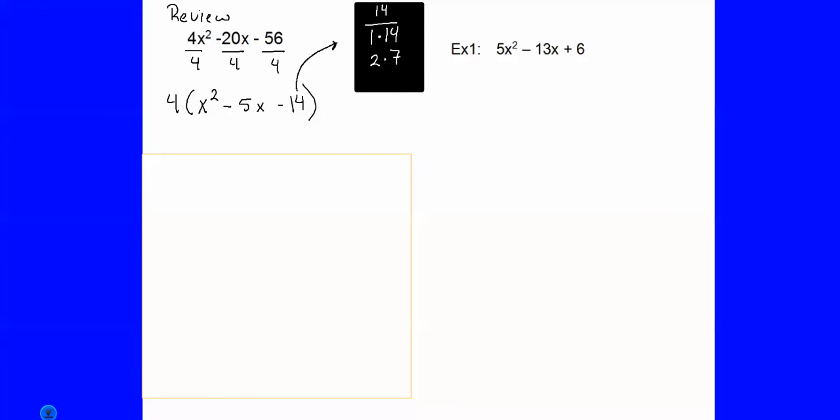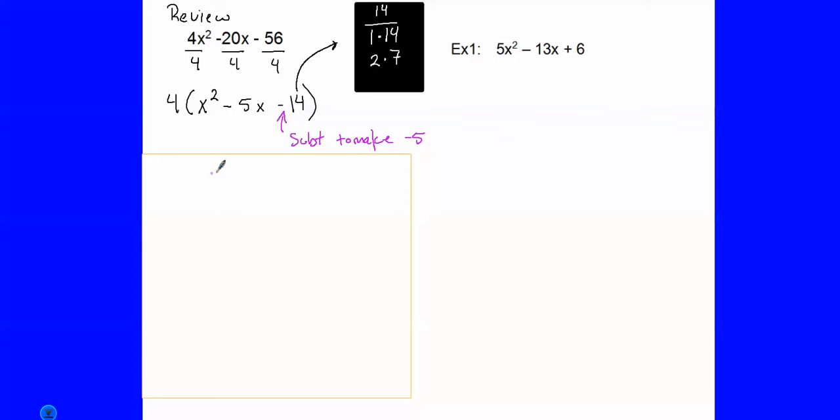Then my next step would be to determine that I needed to subtract to make negative 5. I was subtracting to make the b.